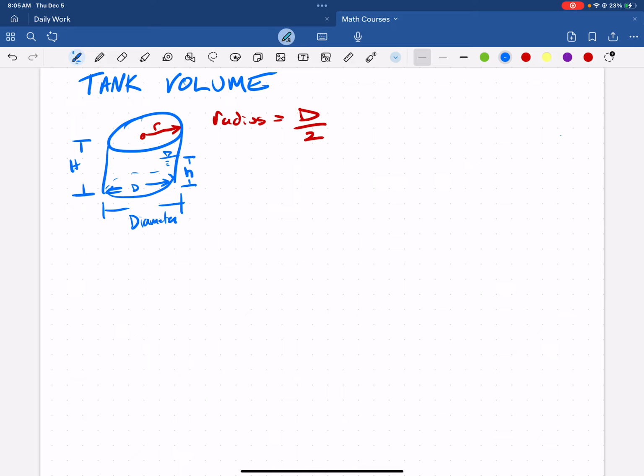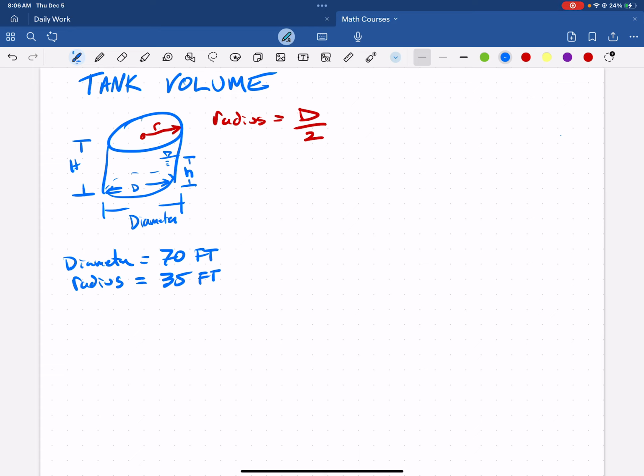Generally they will give you some parameters, such as the diameter of your tank is 70 feet. Or it could be the radius is equal to 35 feet, half the diameter. And then we'll say the depth of the water in that tank, say like the overflow.